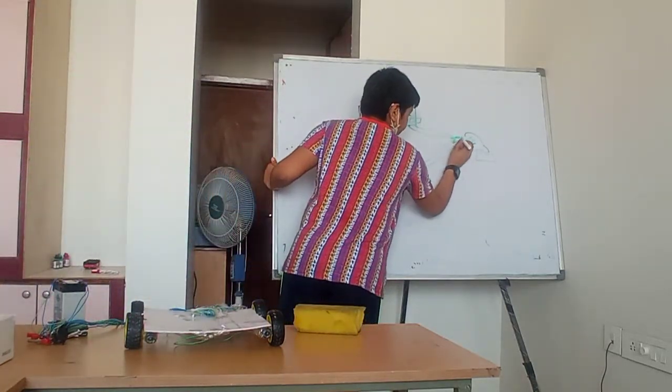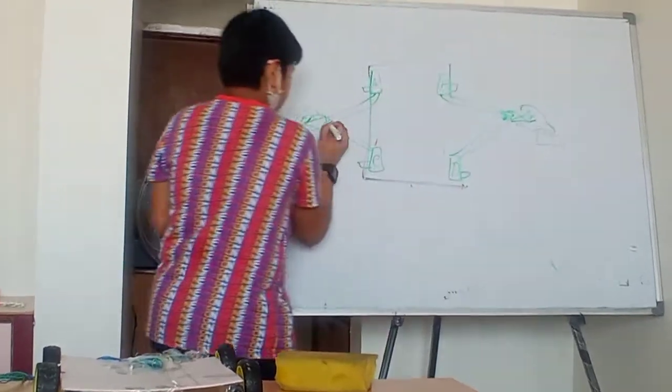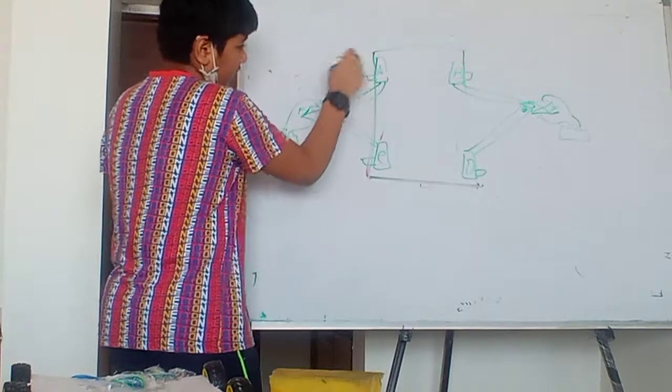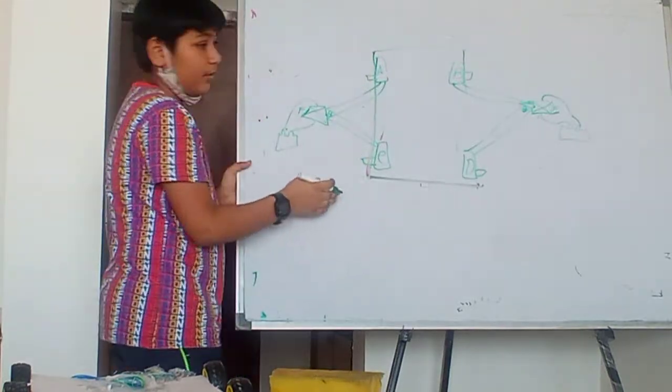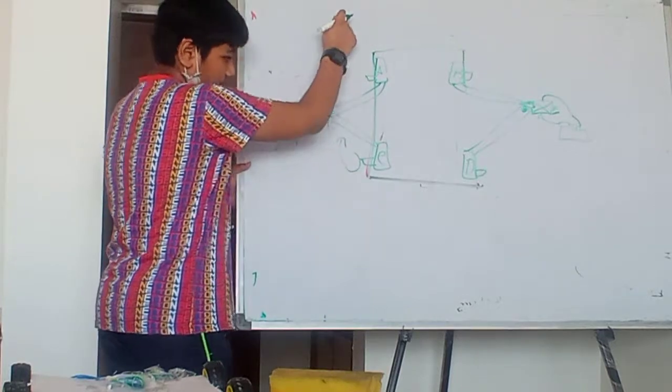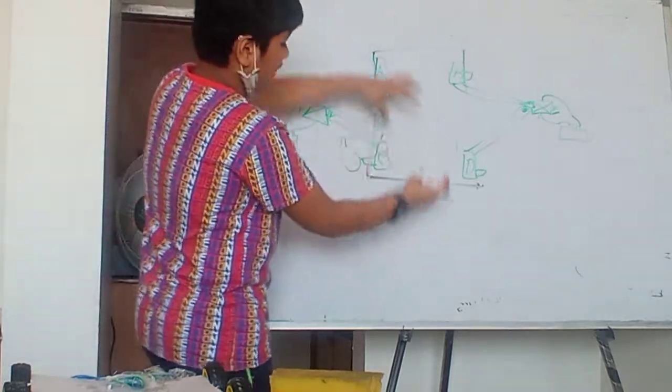And if the backward of AC and BD is pressed, then the motors will rotate anti-clockwise like this. Force is applied there, opposite reaction, and then the car will move backward.